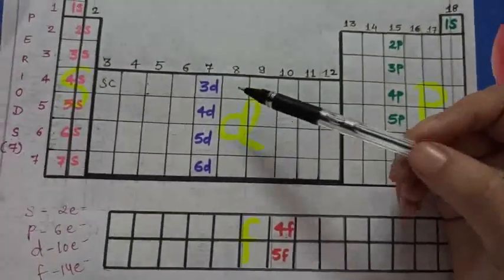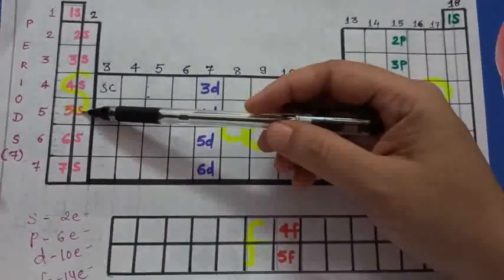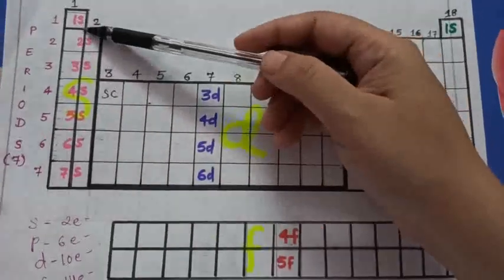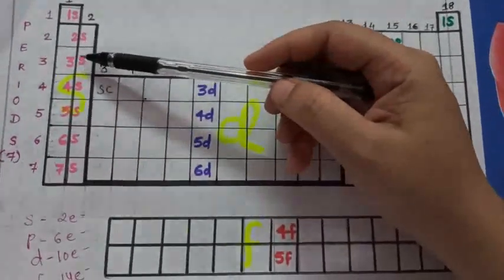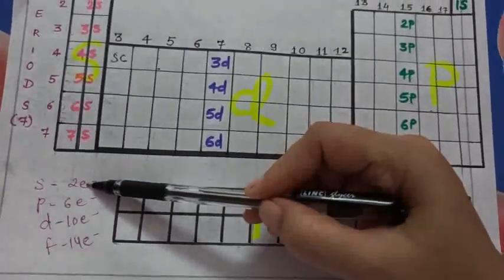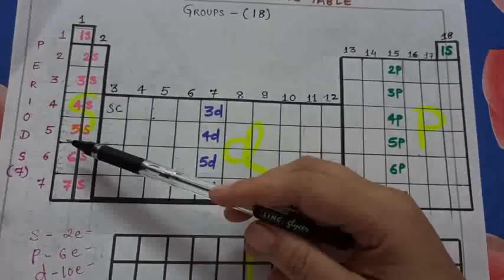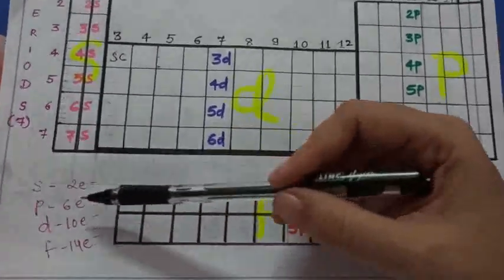One more thing is important. Why is this called the S block? Because the last electron in all the first group and second group elements enters the S orbital. You very well know the S orbital can hold a maximum of 2 electrons. That is why in the S block only 2 groups are there.